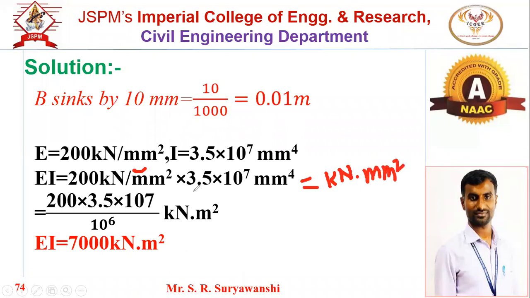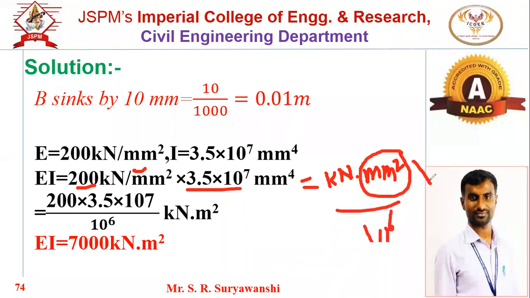Okay, so we multiply 200 into 3.5 into 10 to the power 7, and the resulting unit is kilonewton into mm square. But in all our calculation, the units are kilonewton and meter. So that's why we convert this mm square to meter square. mm square ला meter square मध्ये convert करायचं आहे. So divide by 10 to the power 6 or multiply with 10 to the power minus 6.